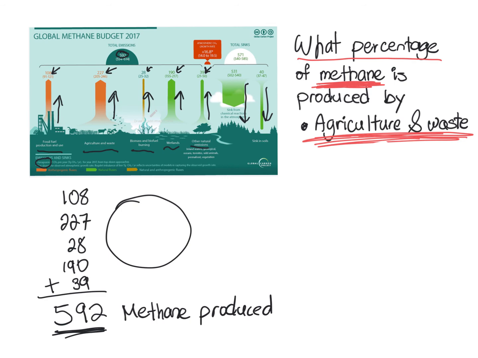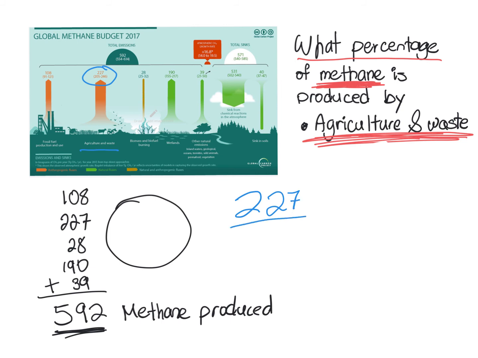Now, what portion of that is agriculture and waste? Well, agriculture and waste, and I'm going to go ahead and erase all these marks here just to make things a little bit clearer. The portion of that is methane is this number, 227. So we're going to do that calculation.